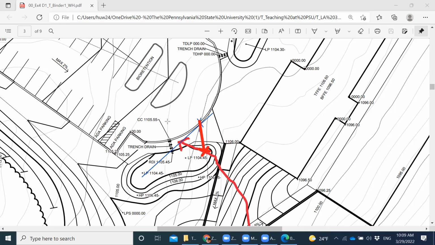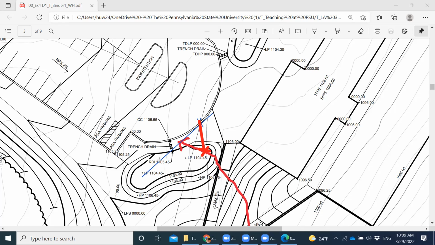In other examples, it's just a trench drain straight from the curb. In this situation, should I just have a trench drain, and it's implied that there's a hole in the side of the curb and it drains through, or should I represent it? Yeah, this one is a little different from what Jonathan has.